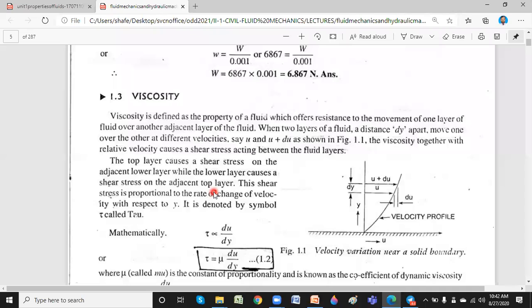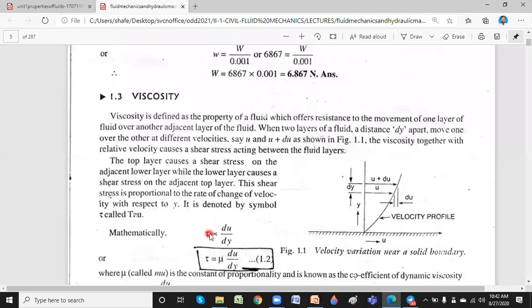The bottommost is still. If there were no distance, both hands would be rubbing; here the oil has a thickness of dy, and the above hand is moving at velocity du. There is a shear stress between the oil and the hands.